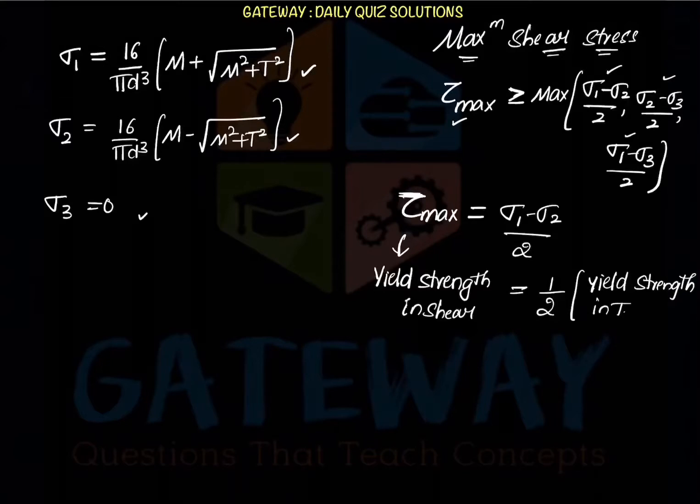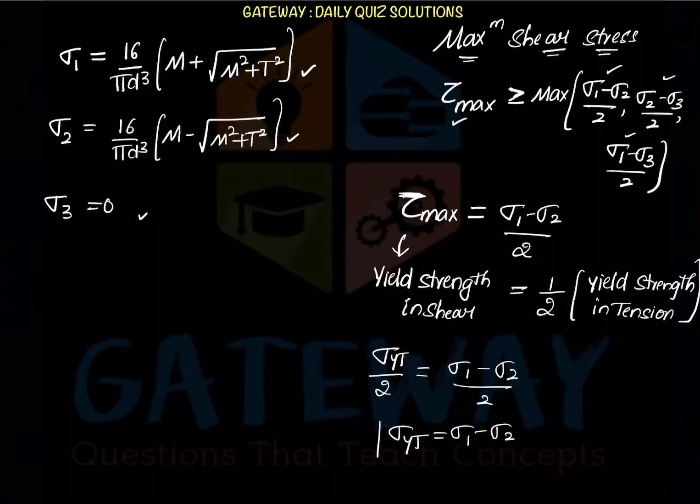By substituting, sigma yt by 2 is equal to sigma 1 minus sigma 2 by 2. From that we get sigma yt is equal to sigma 1 minus sigma 2. This is our final condition to solve the question.